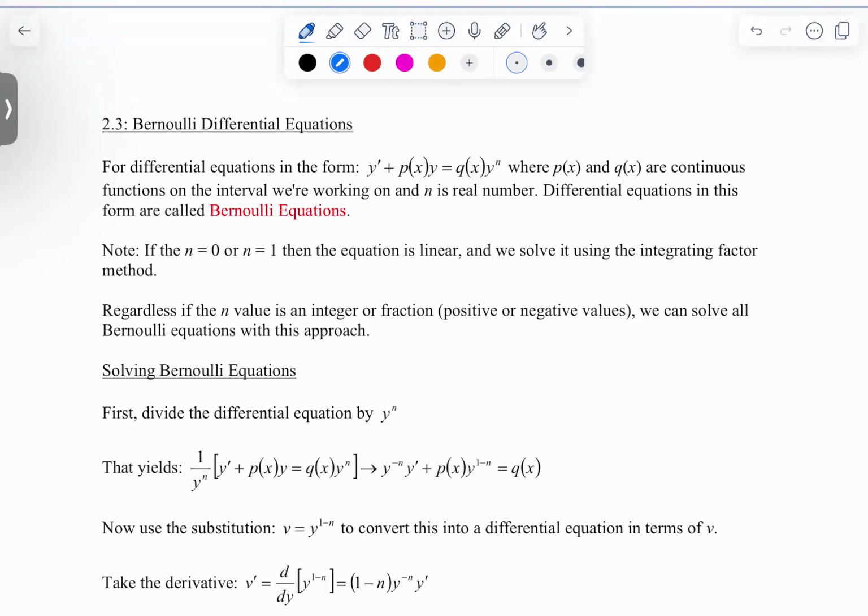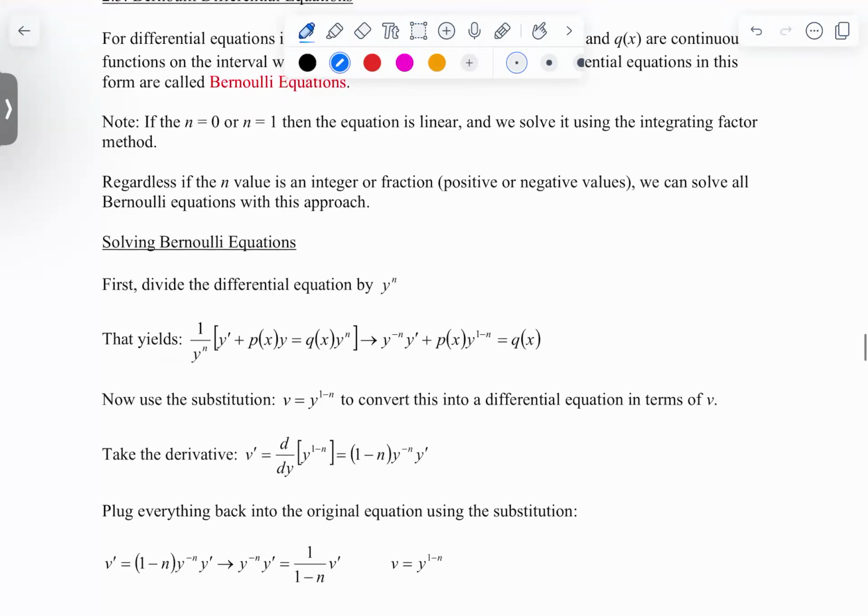Or zero. Technically, y to the zero would make it linear, because y to the zero is just one. So yes, it could be raised to zero. It could be raised to negatives. A lot of times they're raised to zero, squared terms, or integers. 1/2, 1/4, it could be fractions. This approach works for everything.